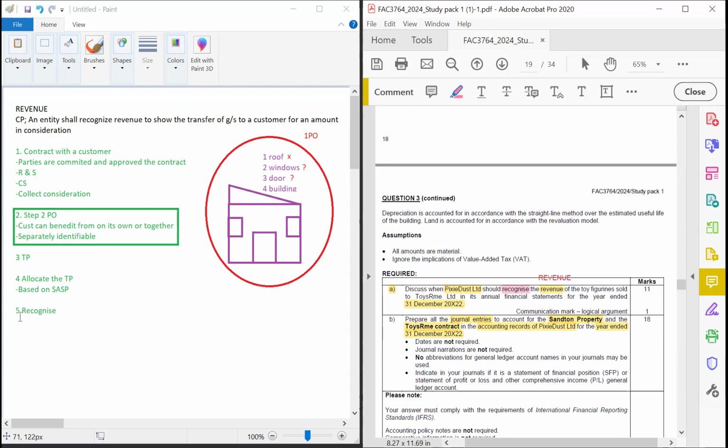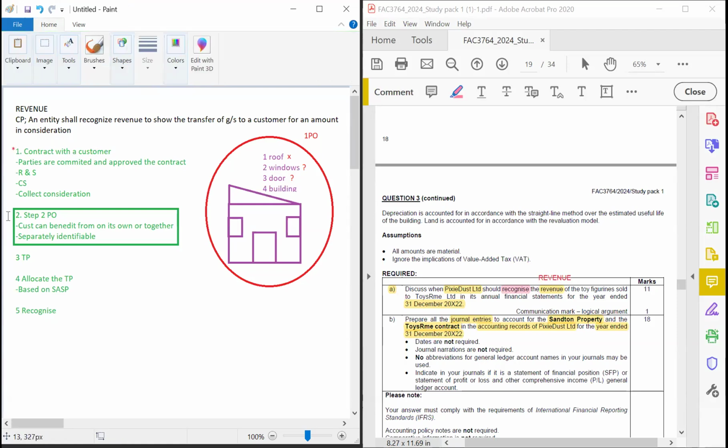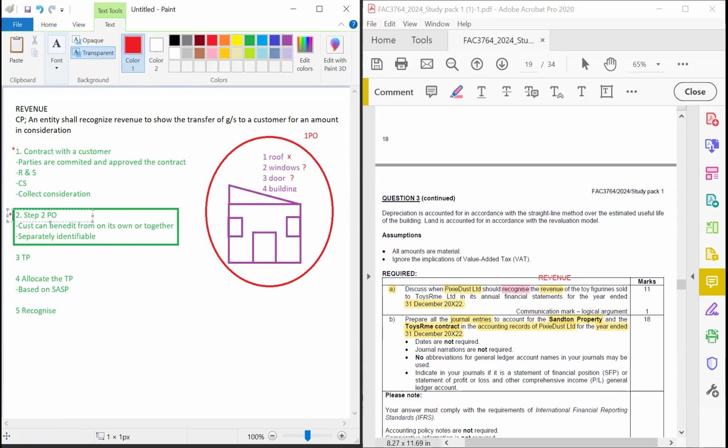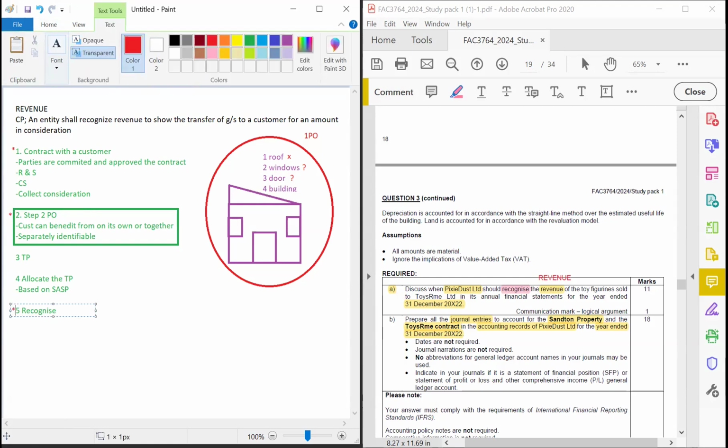So in these steps, we need to consider recognition. So recognition is step one, and then performance obligation, it is recognition. Determining transaction price, it is measurement. So if you are asked a question from the perspective of measurement, you are going to answer 3 and 4. Then 5, as it states, it's when to recognize, right?